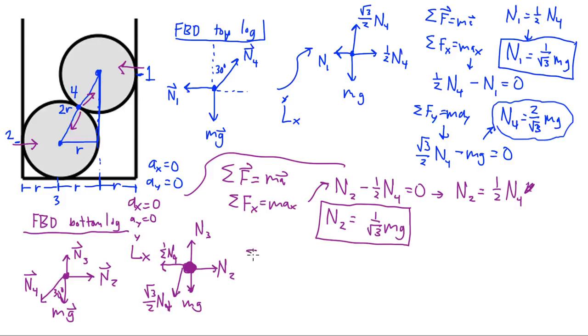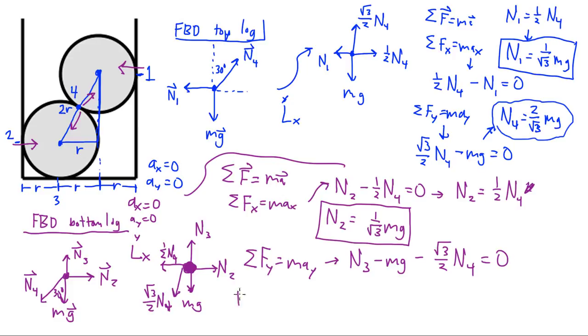All right. So going back to the bottom log, we go sum of forces y is MAY, and AY, of course, is 0. And so we have going up, we have N3, and we have mg going down, and we have √3/2 times N4 going down. So √3/2 times N4. Okay, and that all equals 0.